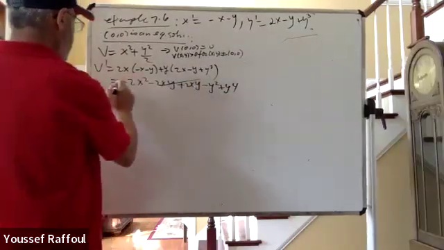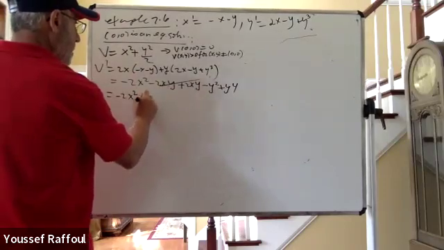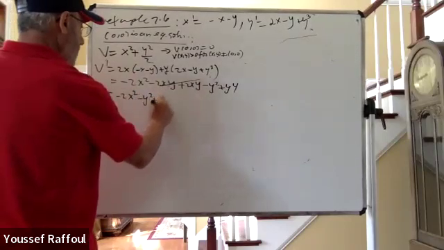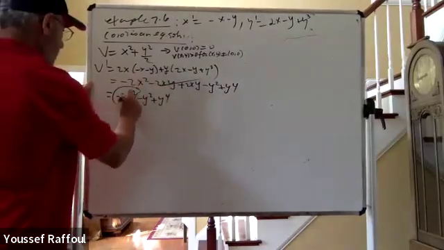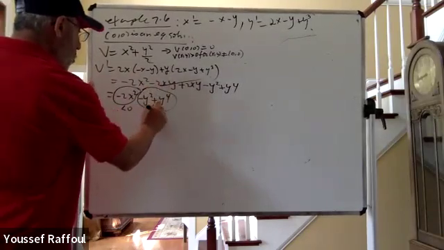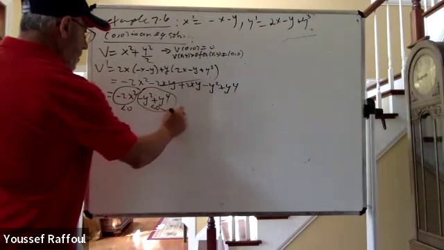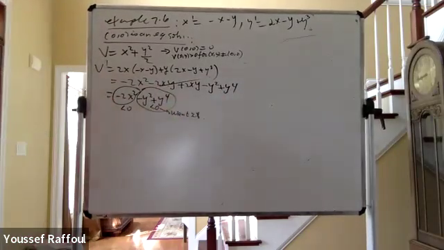All right. So this is minus x squared minus xy plus 2xy minus y squared plus y to the fourth. So the cross terms combine. This is minus x squared plus xy minus y squared plus y to the fourth. Now this term is negative, and we want the other part to be negative.